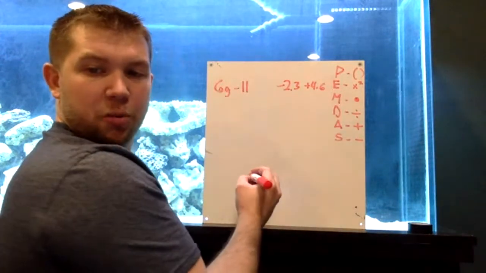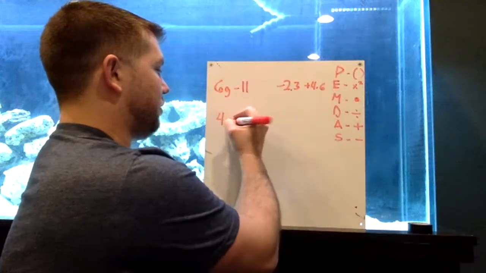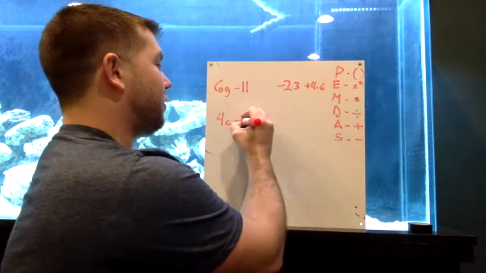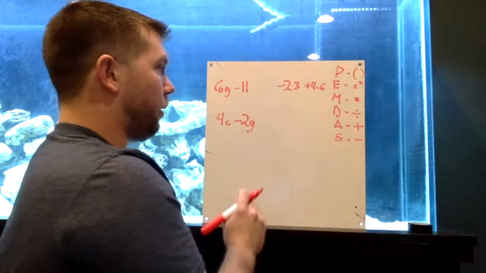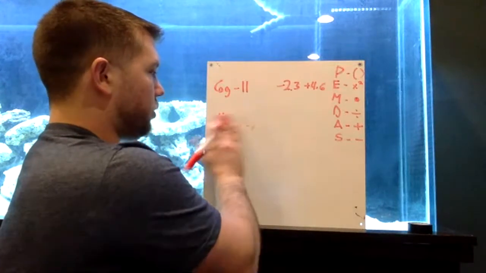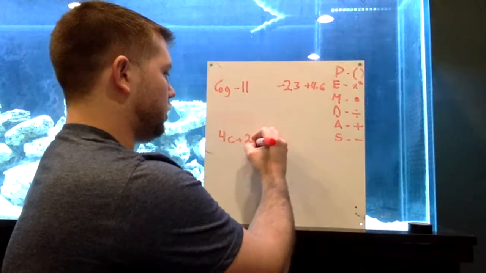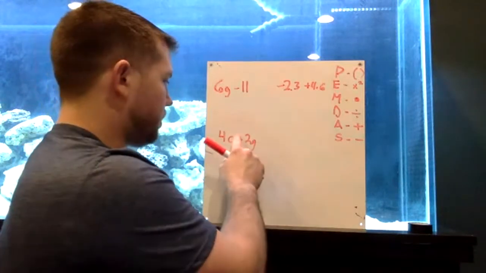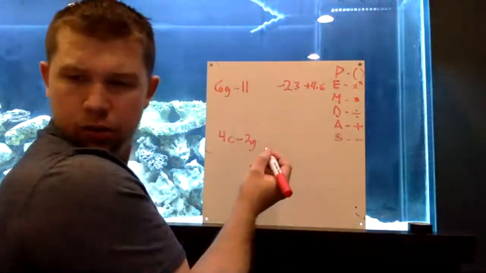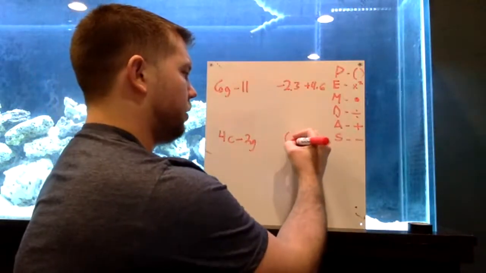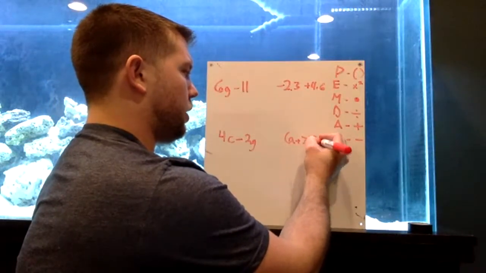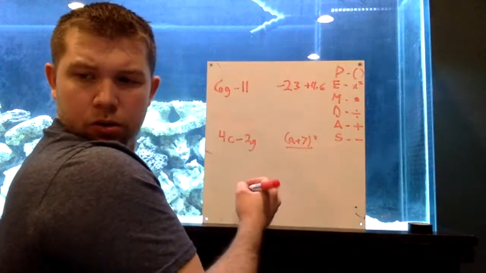So assuming for tomorrow's test that you have done your Mathia, it's fairly reasonable to say that you should do pretty well. And I wrote those way too close together. So we have 4c plus 2g, or minus 2g, and a plus 7 squared over c.